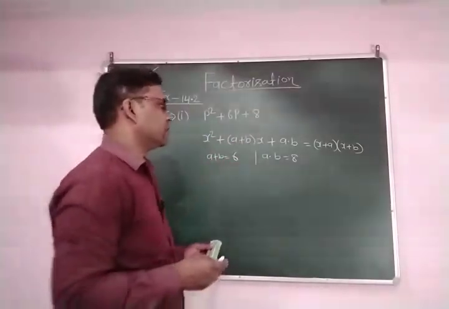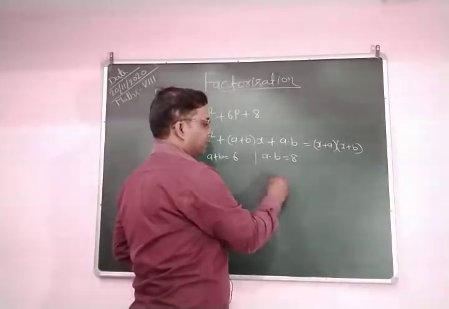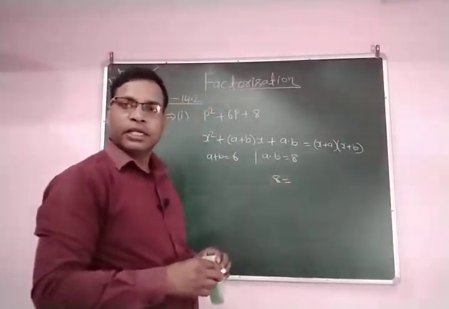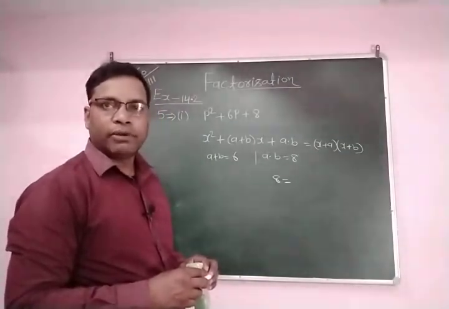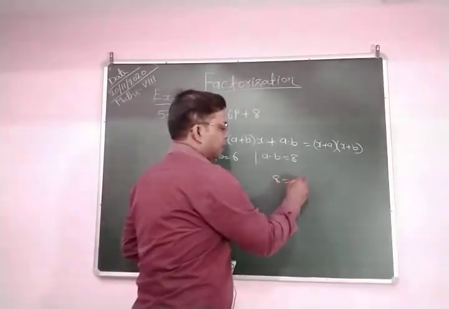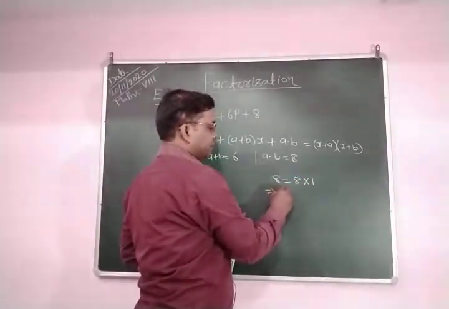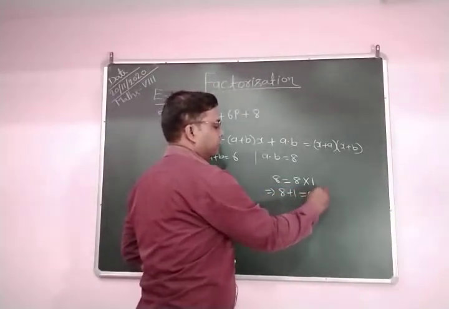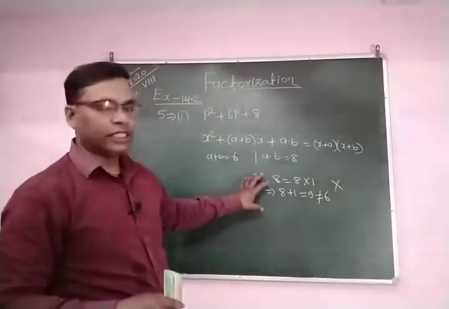So for this, we know the factors of 8 are all those numbers that divide 8. So first of all, 8 is divided by 1, so we can write 8 into 1. But their sum, 8 plus 1, is equal to 9, but we need 6. So we do not take these factors.